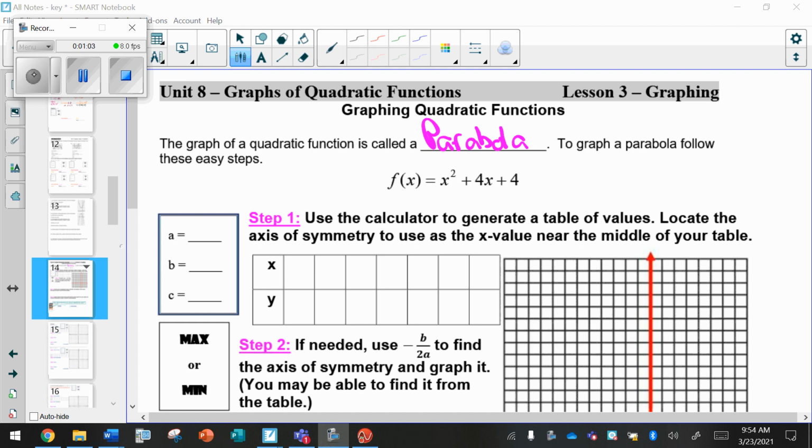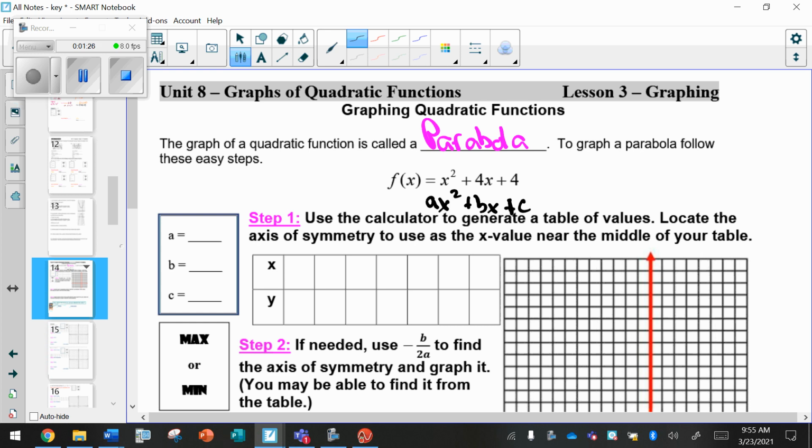Our first equation, f of x equals x squared plus 4x plus 4, is given in function notation. Let's pick out our a values, b values, and c values. Remember, the generic form, called standard form, for a quadratic function is ax squared plus bx plus c.